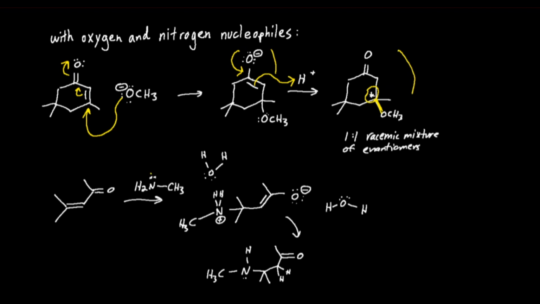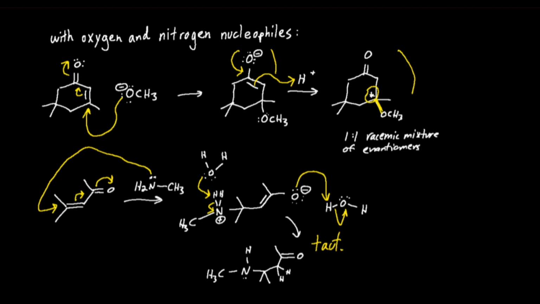Here's a nitrogen nucleophile. It can come around and do the same thing. Conjugate addition, standard arrow pushing. We can have a deprotonation to regain an amine at that position, followed by a protonation, or happening at the same time maybe even, of that oxygen, followed by tautomerization to get to the ketone.